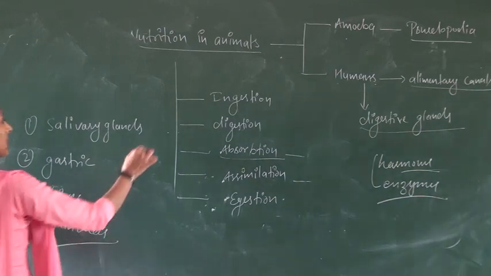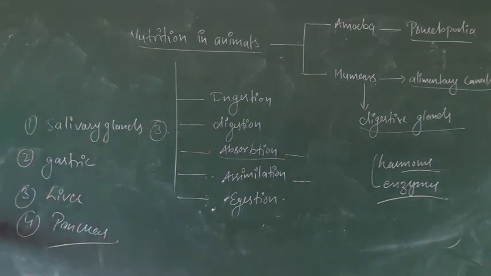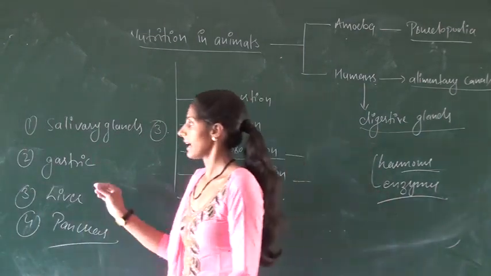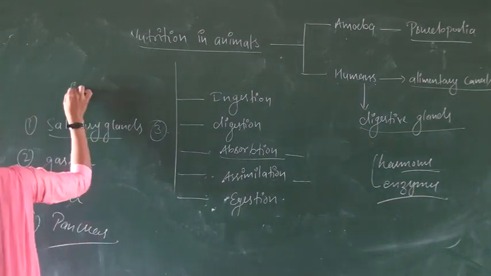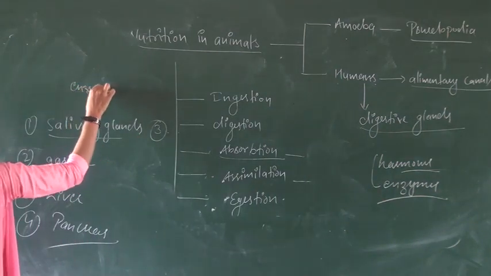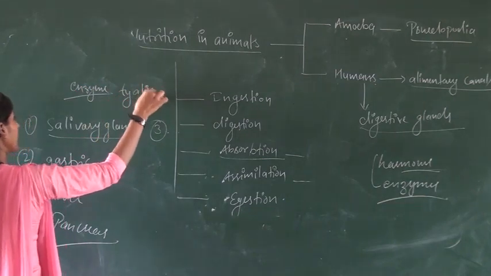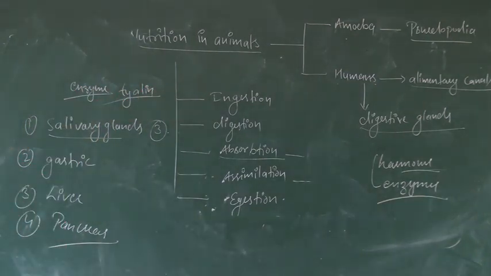Three pairs of salivary glands are found, which secrete saliva. Saliva contains an enzyme known as ptyalin, or salivary amylase, which is secreted by our salivary glands.